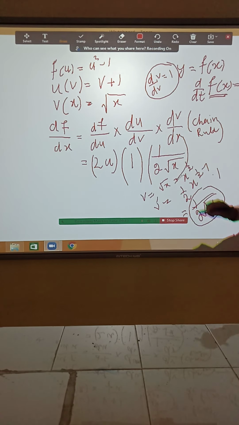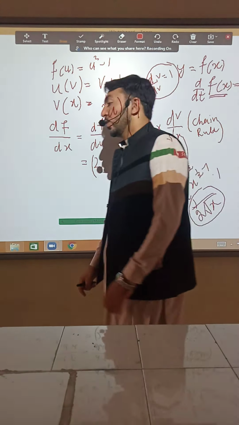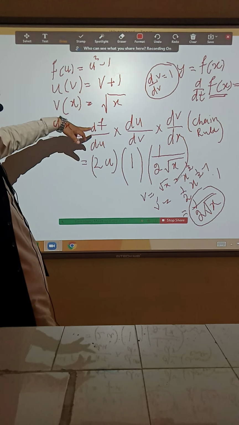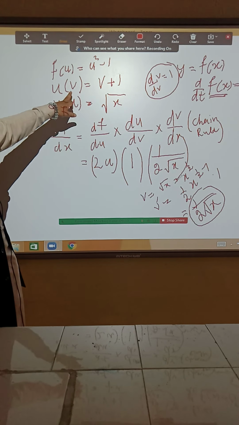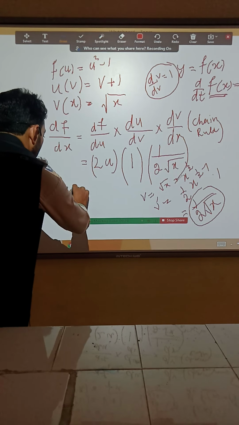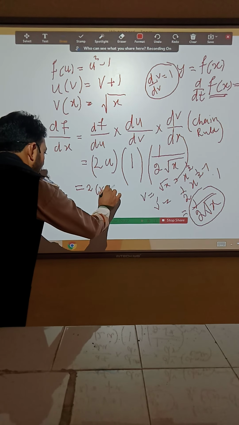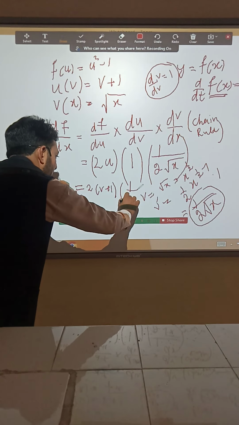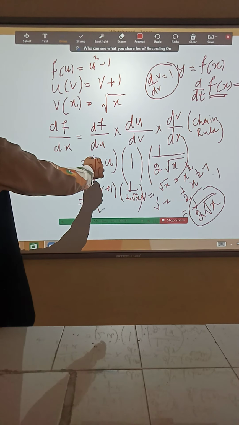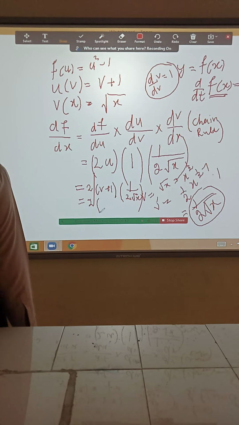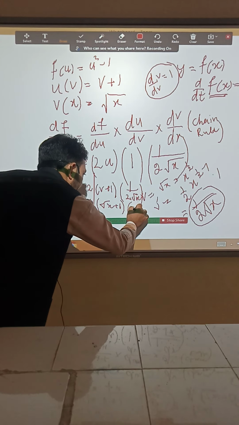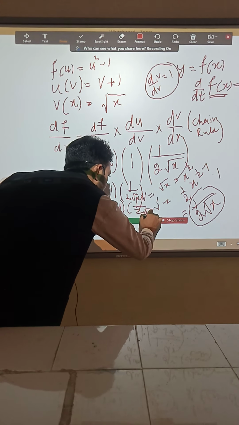times square root x. Now if you want to change u in a variable x, so ये बड़े आसानी से आप कर सकते हैं, क्योंकि हमारे पास u की जगह पे आप पुट कर ले v + 1, so ये आपके पास यहाँ पे होगा 2 times v + 1 और यहाँ ये होगा 2 डिवाइड बाय स्क्वायर रूट x और फिर आपके पास v और v की जगह पे हमारे पास होगा स्क्वायर रूट x, so that is square root x plus 1 and that is 1 divided by 2 times square root x.